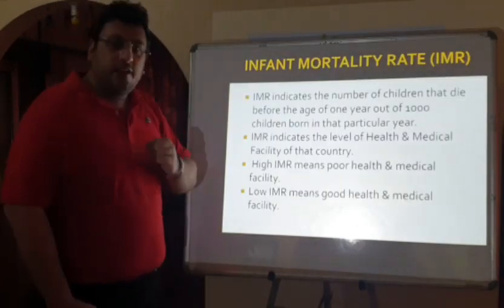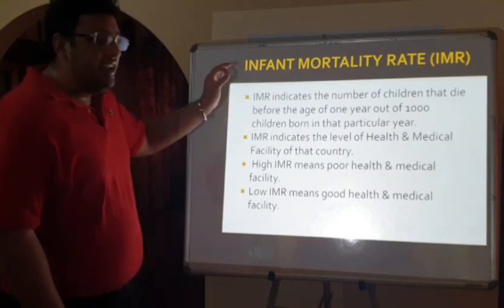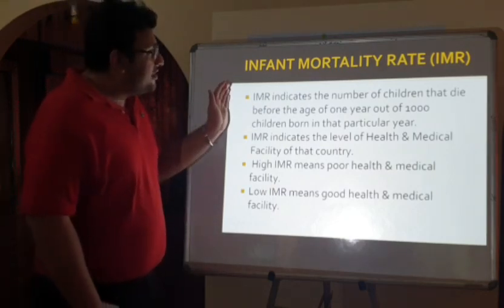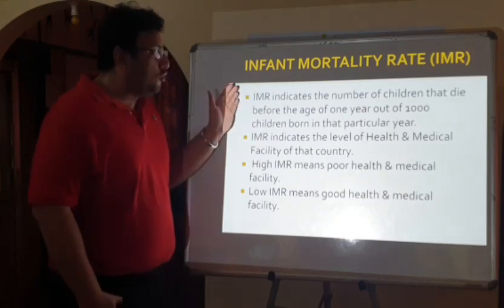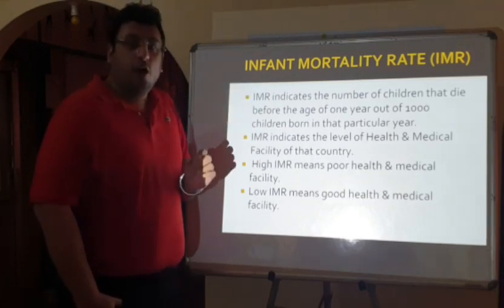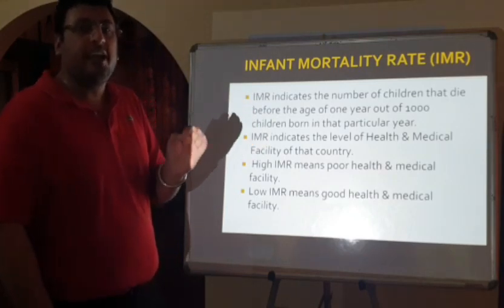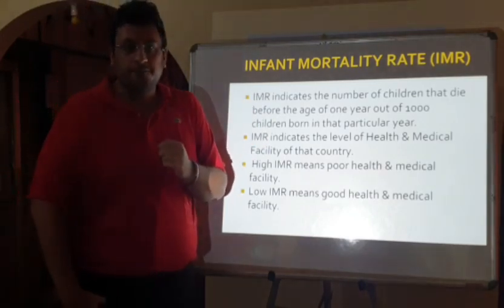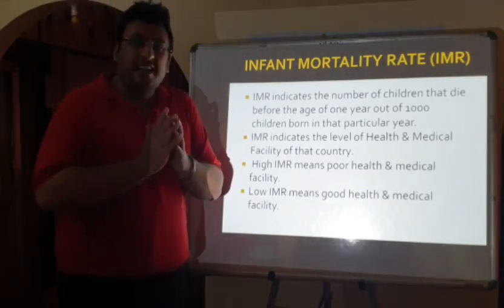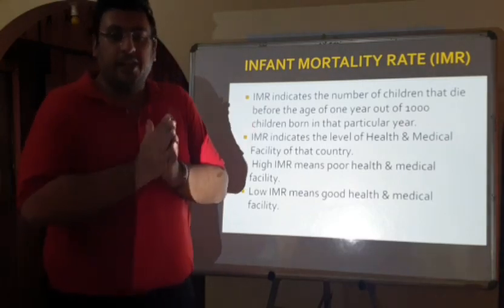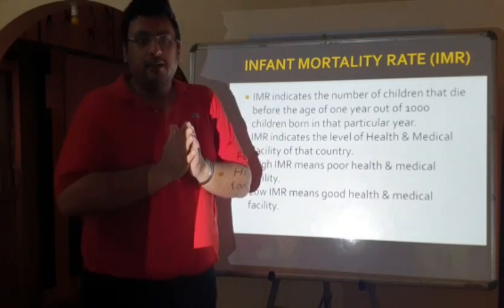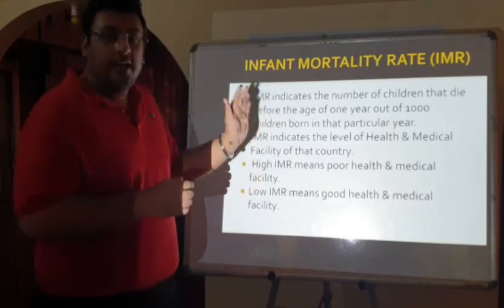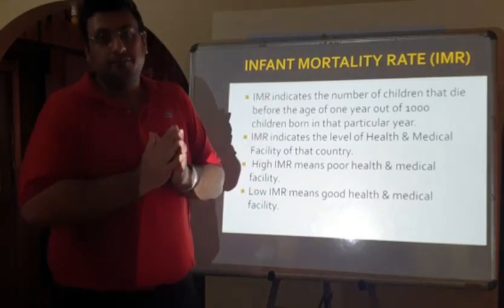Infant mortality rate is defined as an indicator which shows the number of children that die before the age of 1 year out of 1000 children who have taken birth in that particular year. 1000 बच्चों में से कितने बच्चे 1 साल से कम की उम्र में मर जाते हैं, ये दिखाता है infant mortality rate.